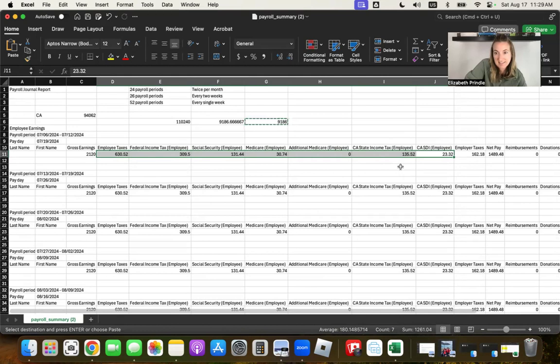It looks a little high. Is that right? No, this is the total, employee tax total. So 2120 subtracting the sum of the employee taxes, which we can verify. So this is 630.52. And then we get the net pay.